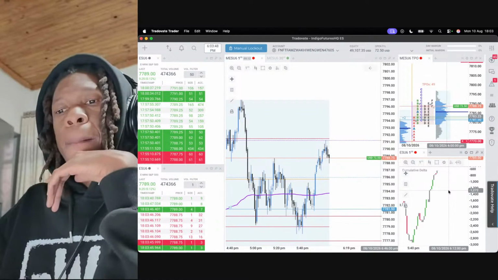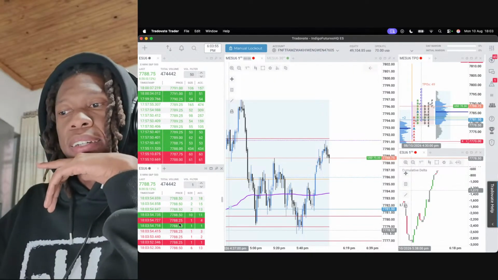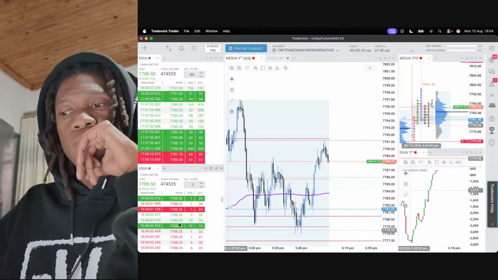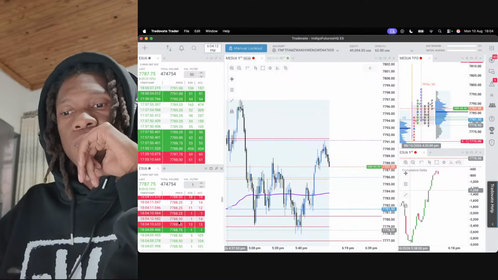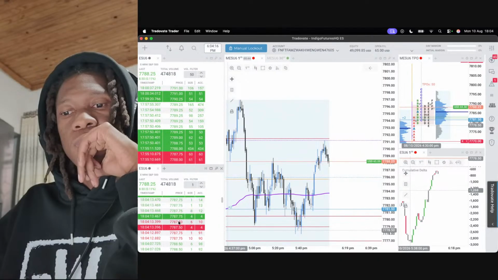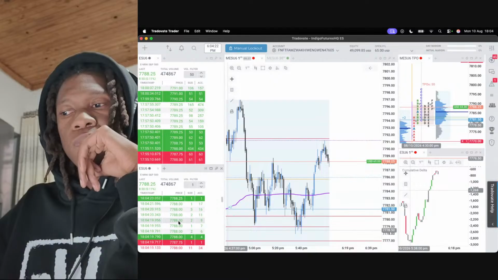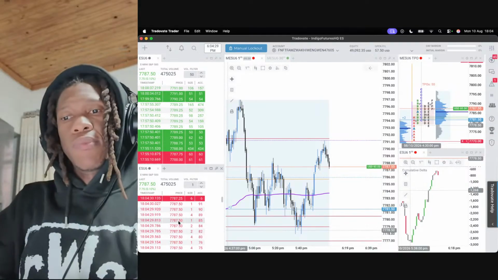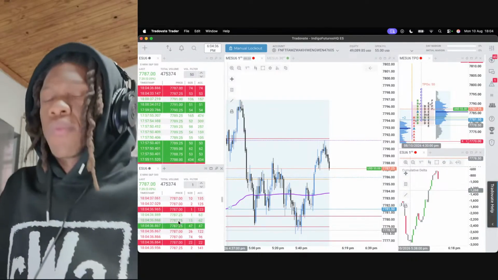88.50. Here we go, 89s. Small 89 action there. Oof.